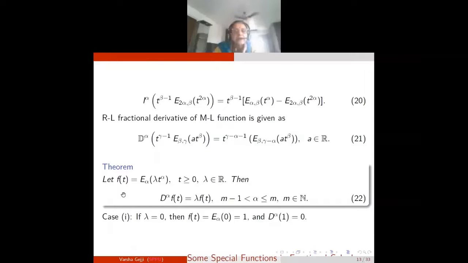Now here we will check a simple observation: consider the function E_alpha(lambda t^alpha), where lambda is a real number, and take the alpha-order derivative. When I don't write anything down, it means from 0 to alpha. The base point is at 0.